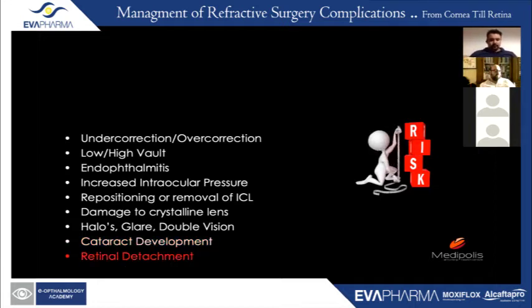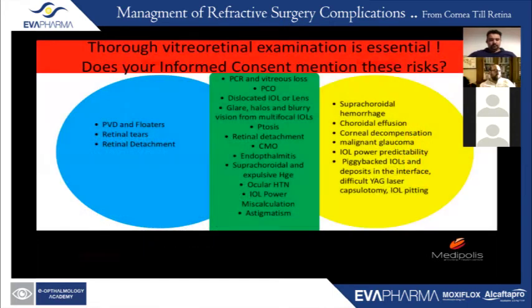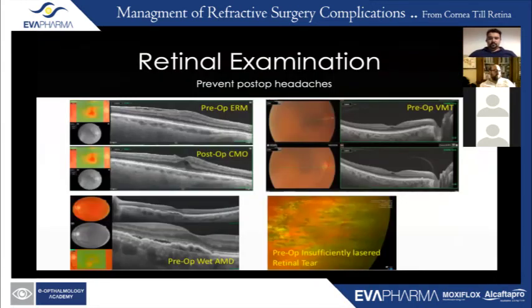And then last topic, which will be covered in depth in the upcoming presentation, but very quickly: do a thorough vitreoretinal examination. It is essential. And in my opinion, you have to mention this in your informed consent. Do a retinal examination by OCT.